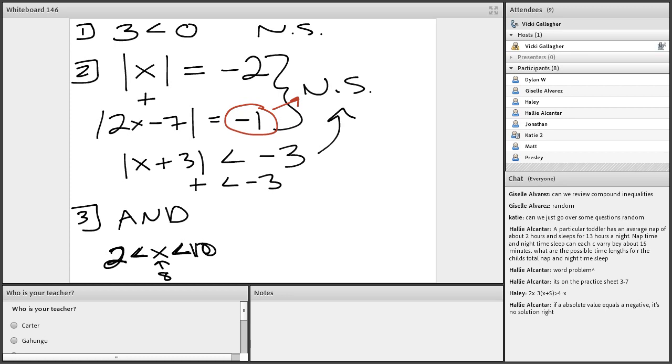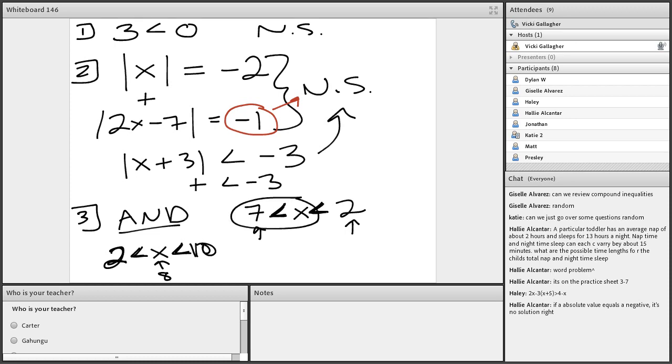Sometimes though, when we have an and problem, it doesn't look like this. Sometimes it says a bigger number is smaller than x is smaller than a smaller number. And in this scenario, where the bigger number is first and the smaller number is second, and these are less than symbols, that's not going to work.